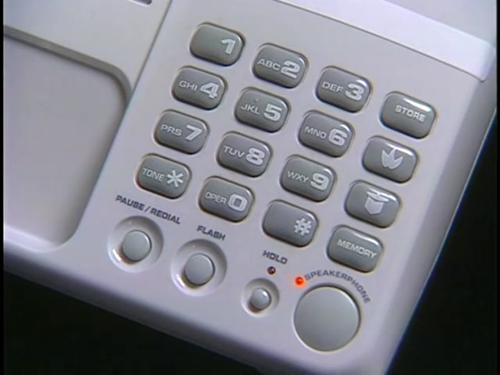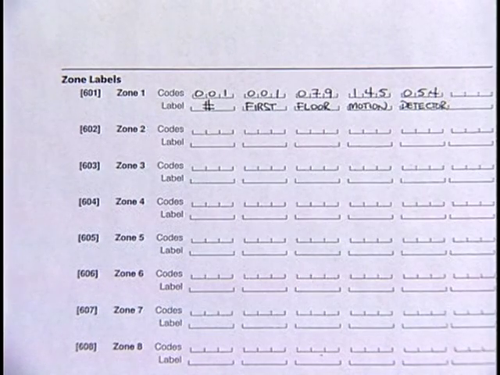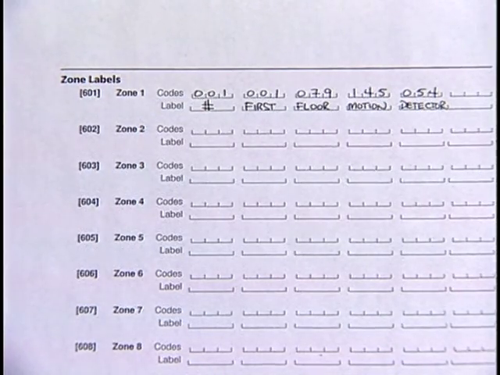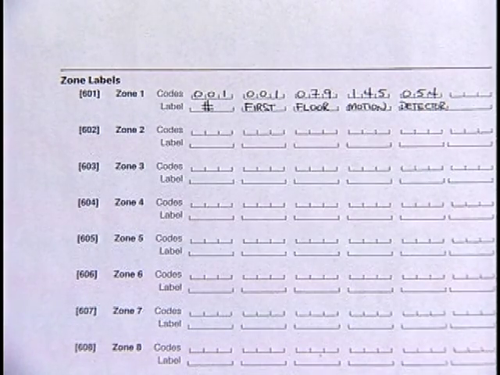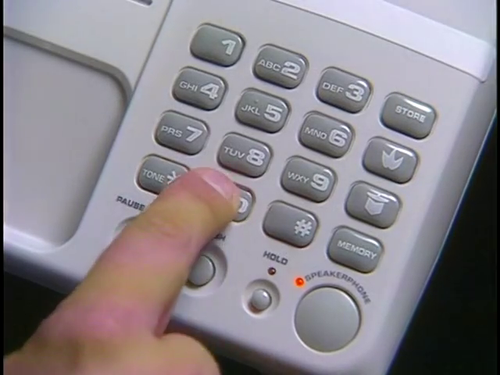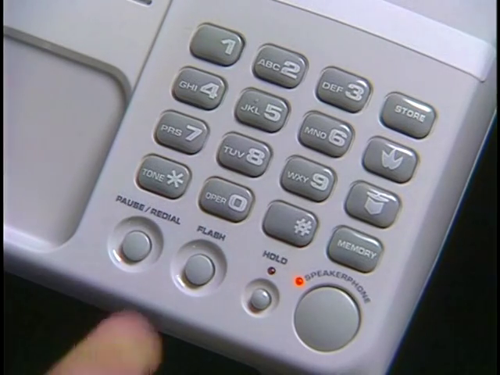This is the procedure for programming all labels in the system. Enter a section number, for example, section 601 for Zone 1 label. We will program the label as 001, 001, 079, 145, and 054. The first 001 is the ordered number command.